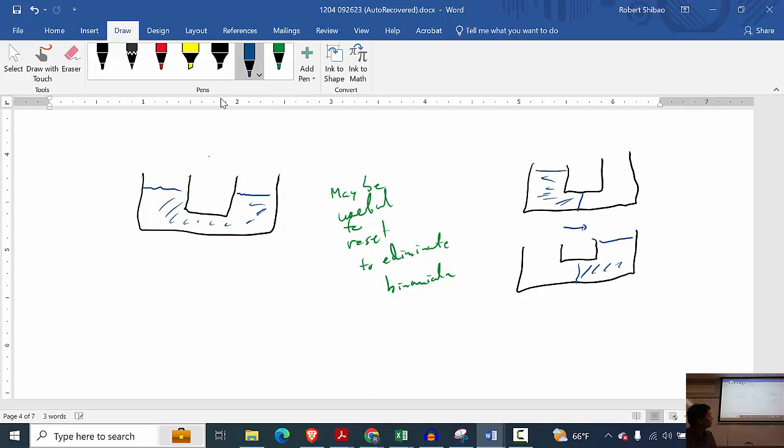So we can approach it from the left side, which will shift it to the right, or we can approach it from the right side, which will shift it to the left, as long as the quantity of water doesn't change. So let's say I have 100 gallons of water here. I could start with all 100 gallons on the left side or all 100 gallons on the right side. Or I could start with 50 gallons on the left and 50 gallons on the right. This would be 100 gallons total.